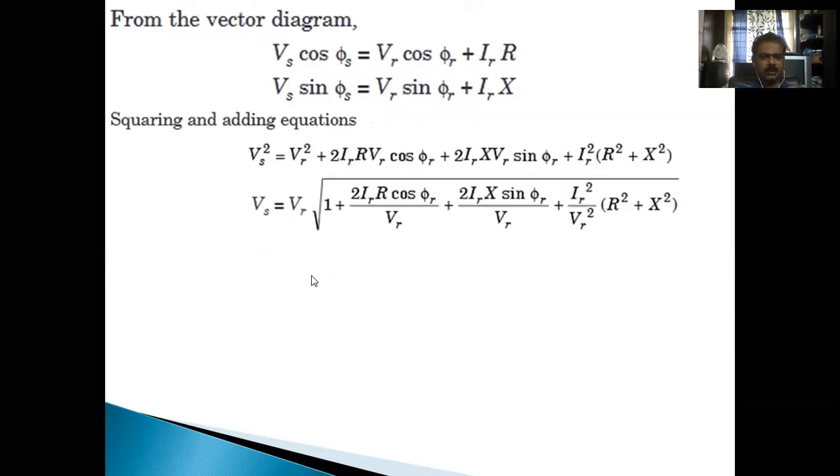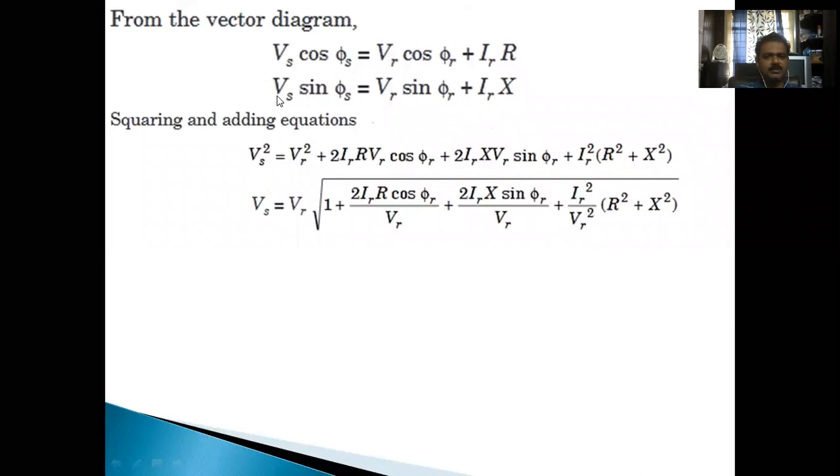Next, from these two equations, we square and add. Square both equations using the formula (a plus b) whole square equals a square plus b square plus 2ab, and add those two.